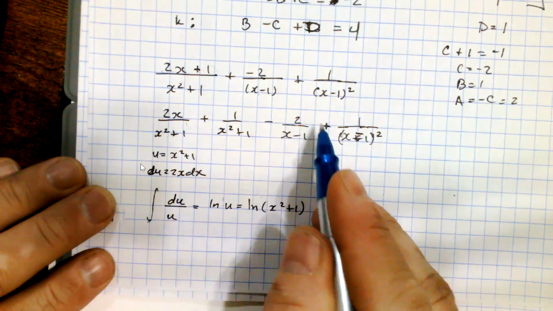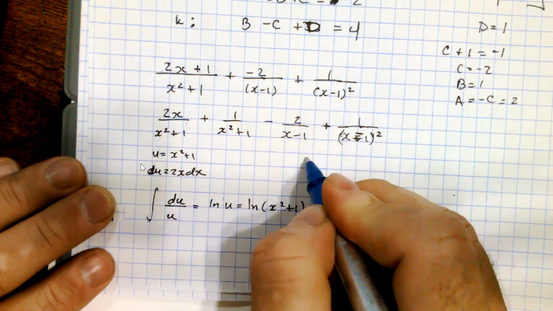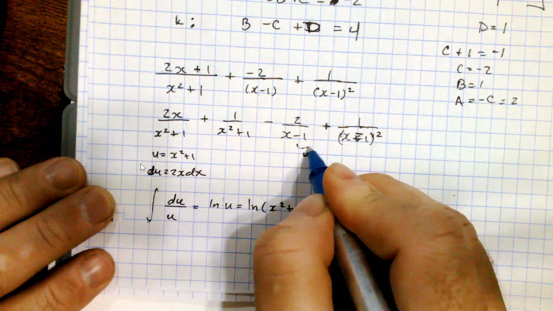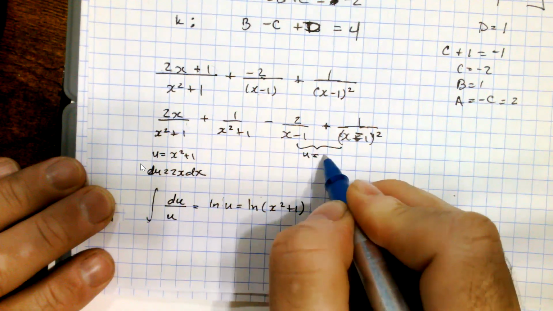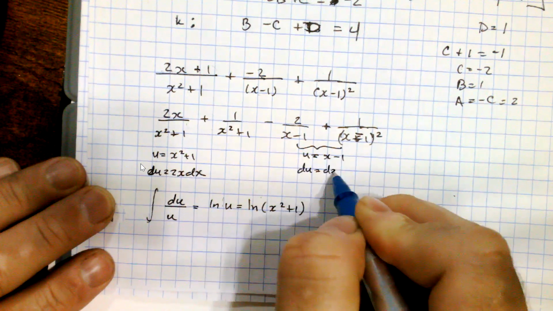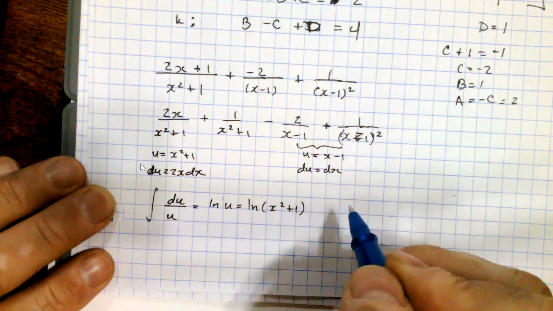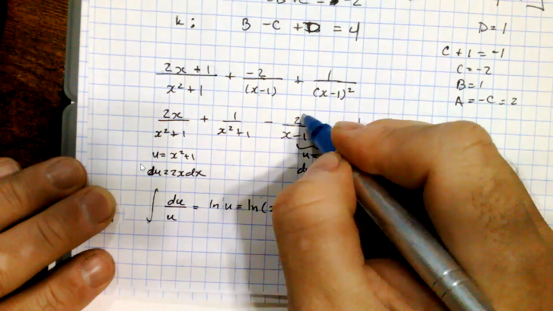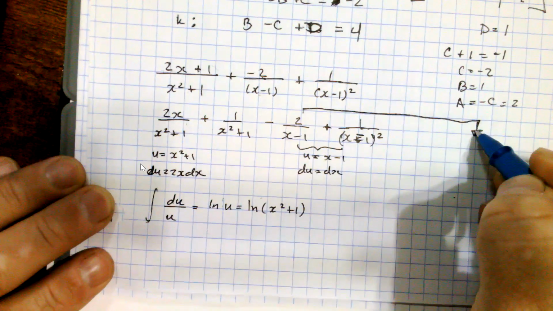Okay. I'm going to look at this integral next. So both of these integrals are going to use the same u sub. So this is for both. This is going to be u equals x minus 1, and du is equal to dx. The resulting integrals will be different, but the sub will be the same for both. Okay. So for this integral, let's take care of that over here.